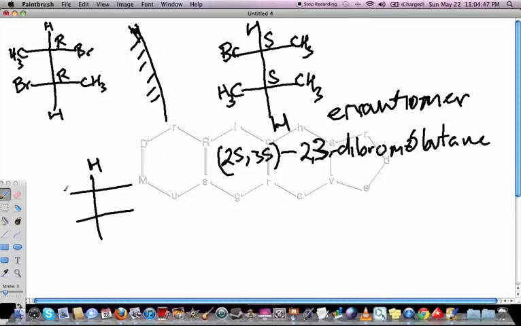So I'm going to leave the top the same and flip the bottom. That will just leave this an R and turn this one into an S. So all I did was just flip the bottom two here. I can flip any two atoms I like, but only two atoms. So this is a diastereomer.